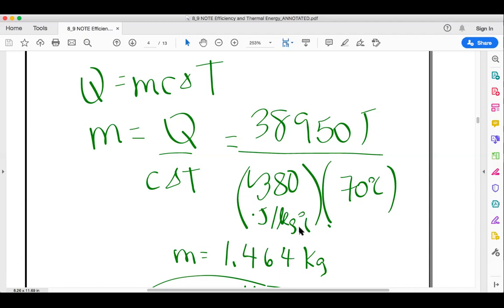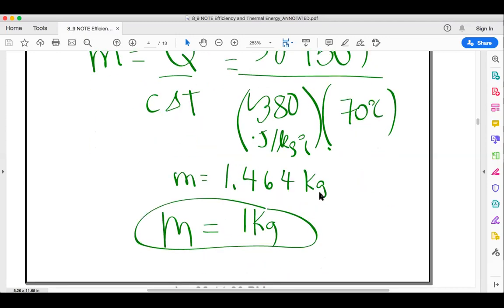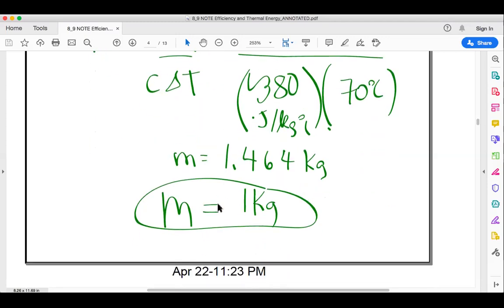Also, all of the numbers that at some point were used to get this answer have to be considered. So if you look at the Q value from part A, well, 70 is only one significant figure. But if it was 70.0, we would have to look to what was the calculation that gave us this Q value, and is there a smaller number of significant figures than what's already visible here? So just be aware of that. But for this one, it's only one significant figure, so 1 kilogram is our answer.